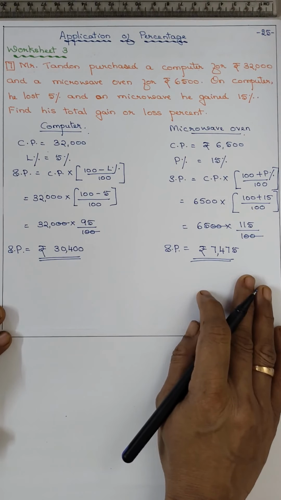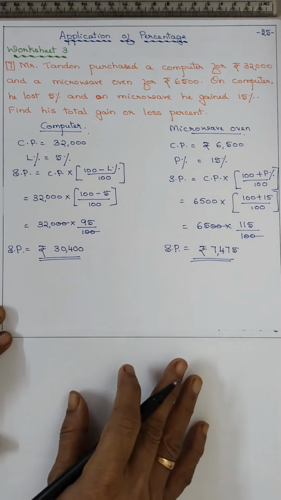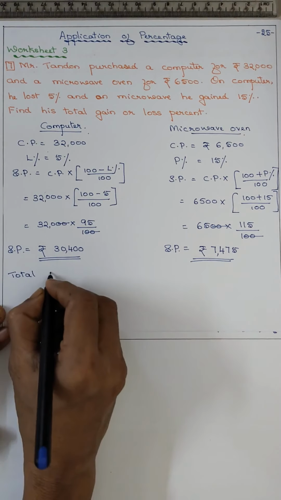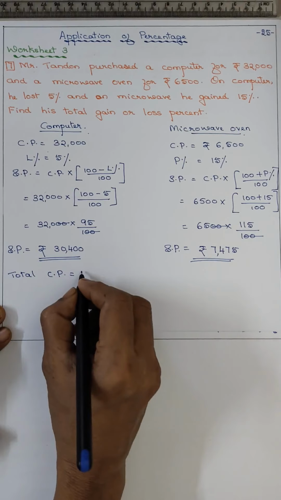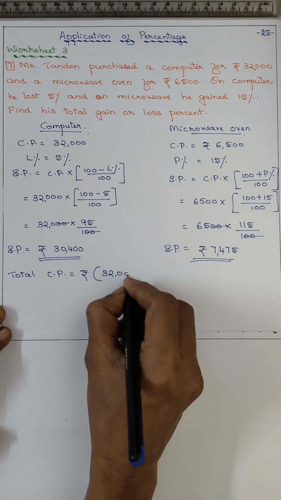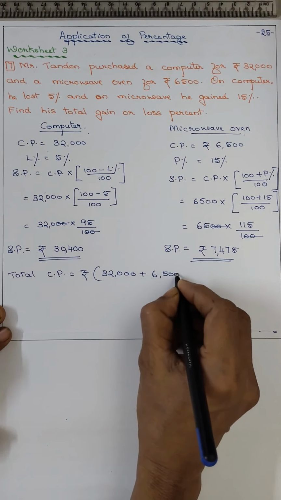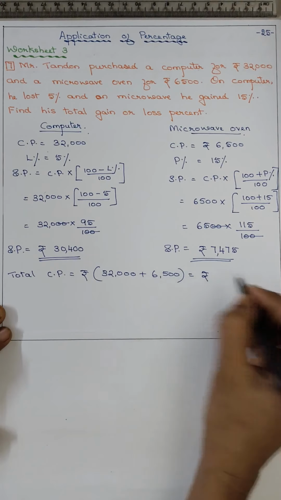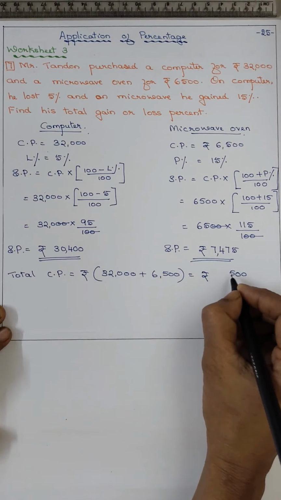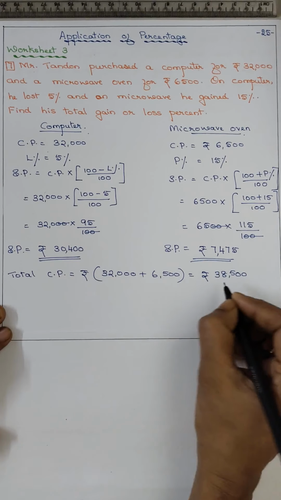Now to find out the total gain or loss percent on the overall transaction, write total CP of the computer. How much is it? 32,000. Of a microwave oven, 6,500. So you'll get rupees 38,500.